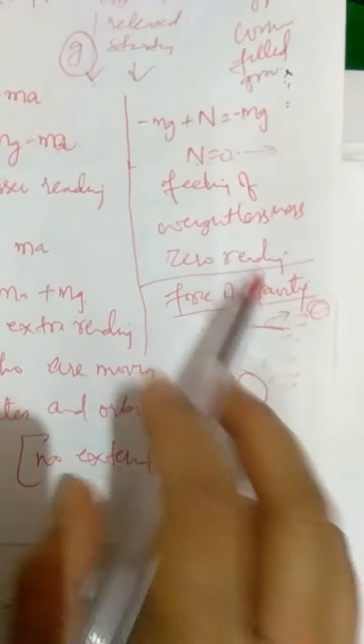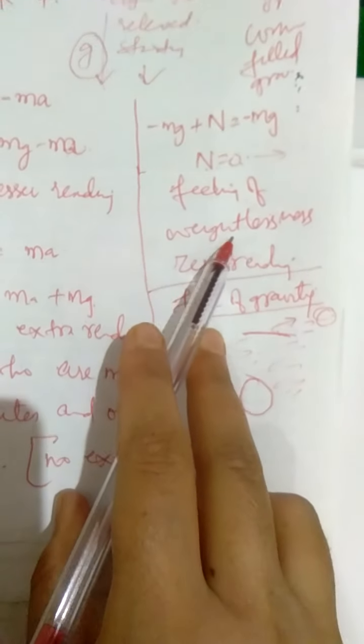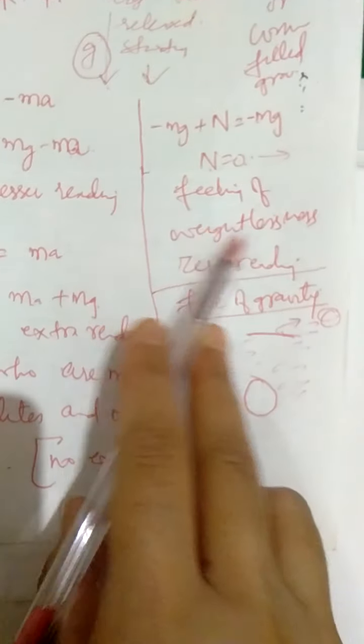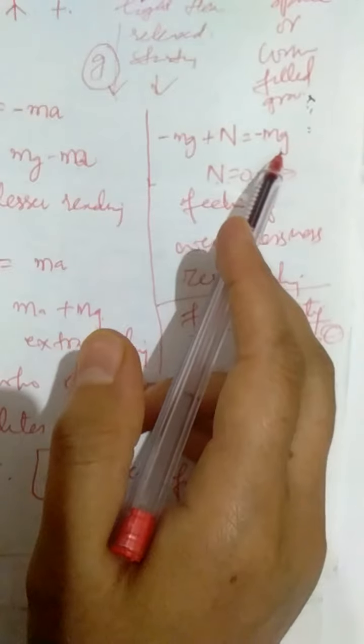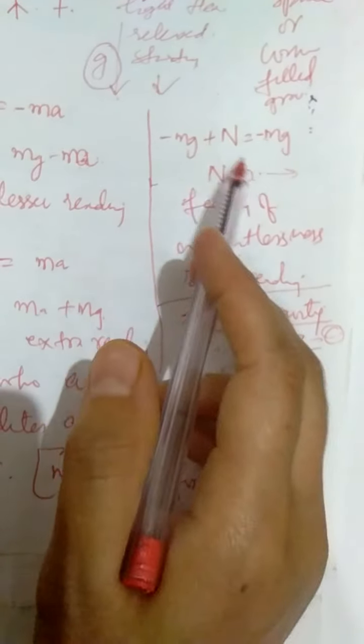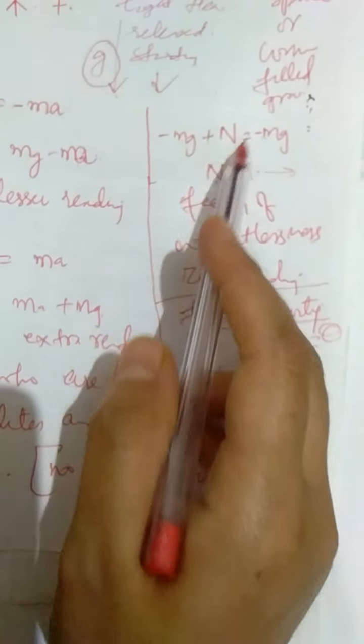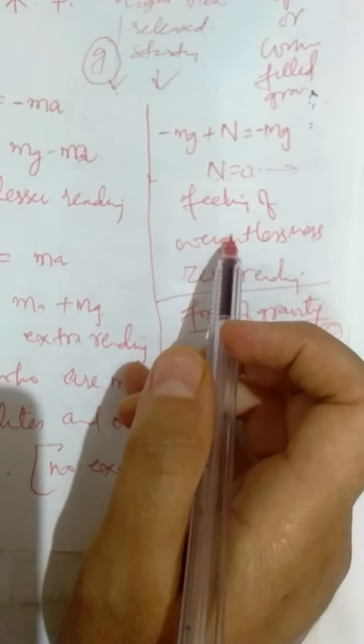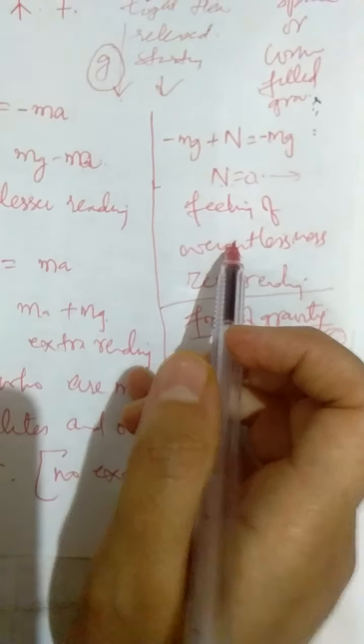So we should not say that it is due to absence of gravity that we experience weightlessness, but we should say that weight is always there. The body always has a weight, but we get a sensation of weightlessness because these two forces balance each other. Our weight and the force due to free fall balance each other so that the reactionary force or the normal force is 0, due to which we have a sensation of weightlessness. Otherwise, the weight is not 0.